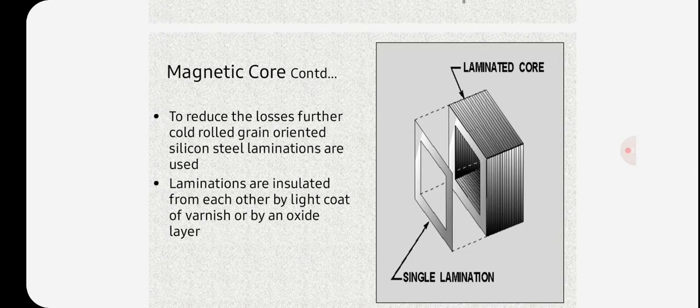To reduce the losses, further cold rolled grain oriented silicon steel laminations are used. Laminations are insulated from each other by a light coat of varnish or by an oxide layer.